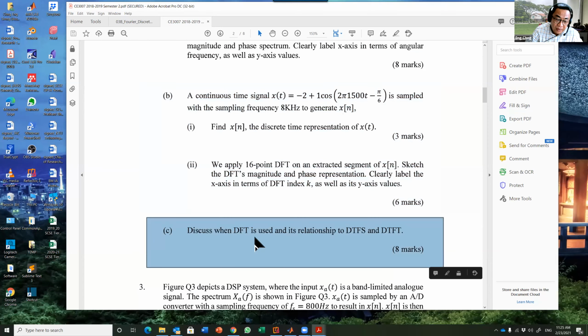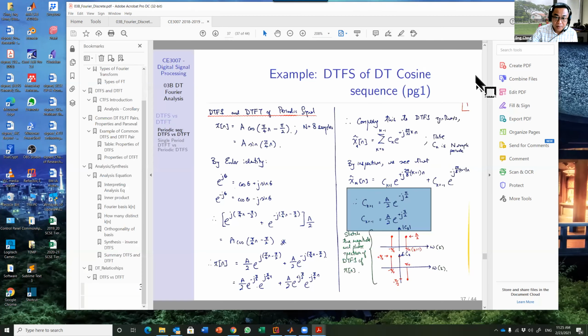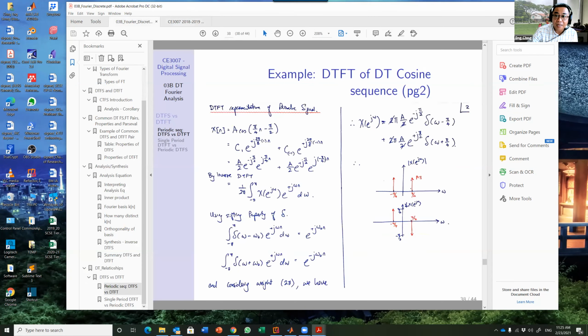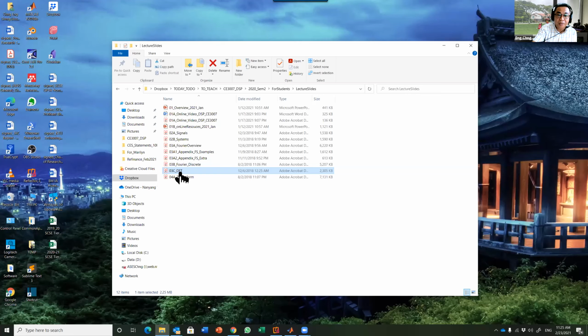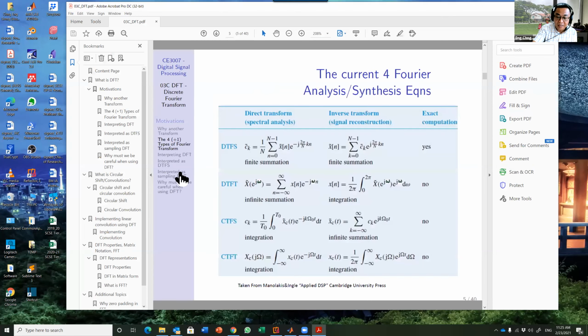When is the DFT used and its relationship? You can find the answer in the lecture notes here. To understand the last part of the question, you need to go to the DFT lecture notes, and within that part, we interpret the DTFS and the DFT.